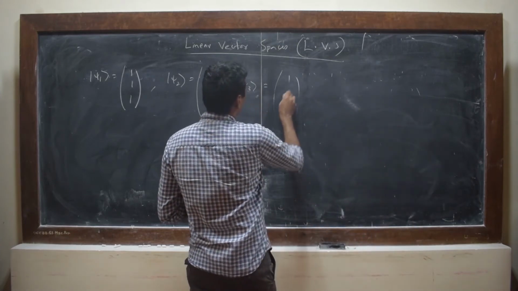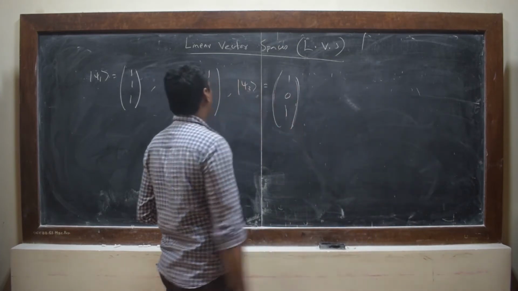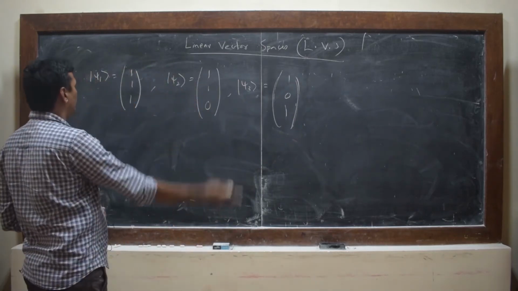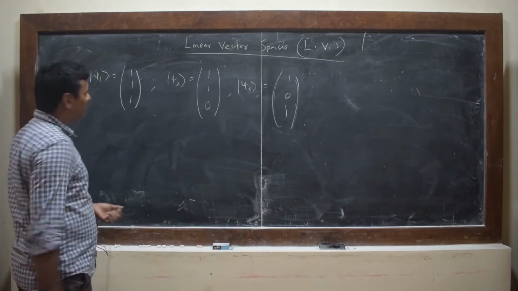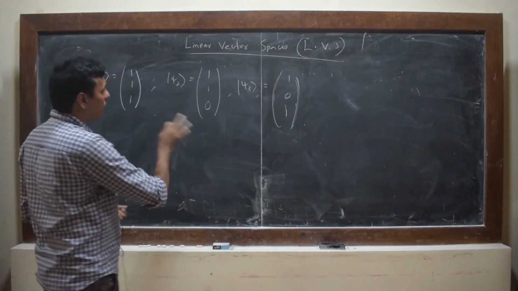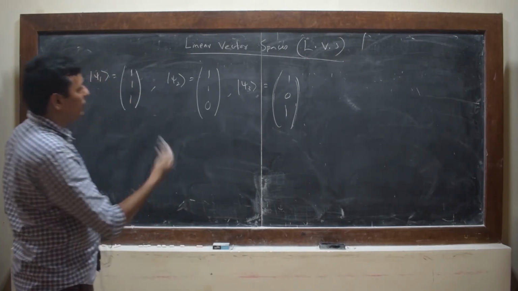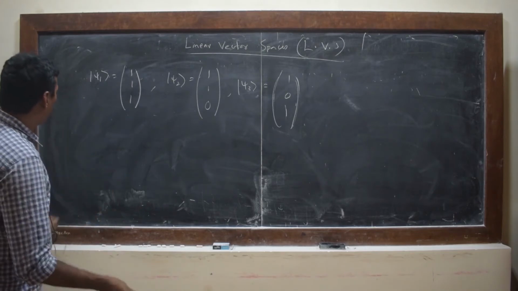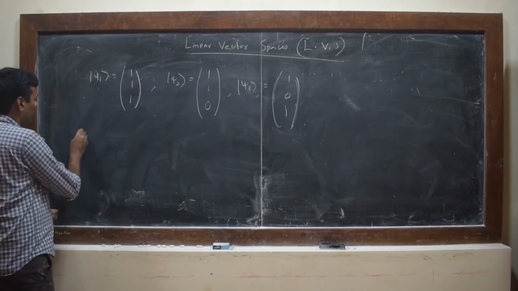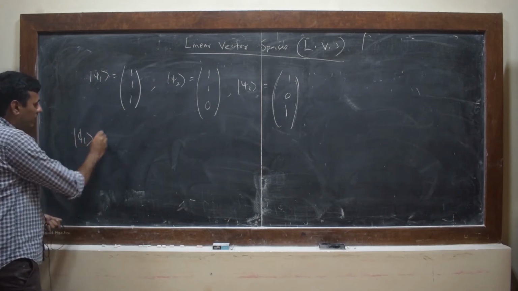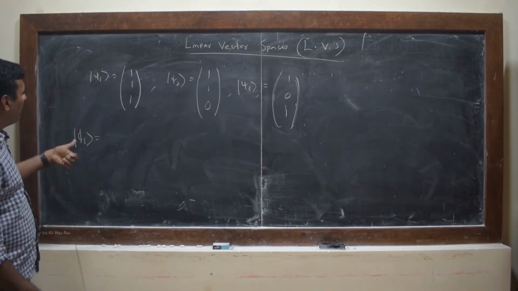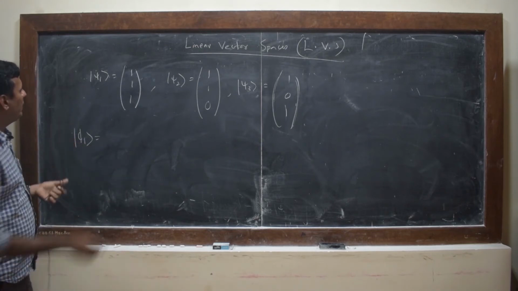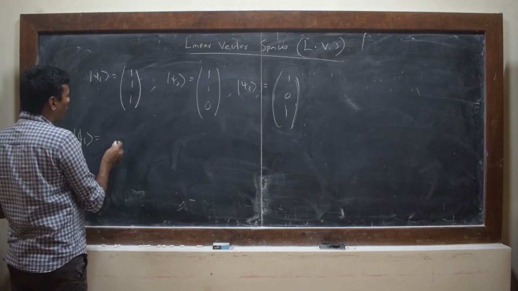And of course they span the space also. So this is a basis, but this is not an orthonormal basis. So I am going to construct an orthonormal basis from this by the Schmidt procedure. I will construct the first vector in the orthonormal basis by taking the first vector and dividing it by its norm.